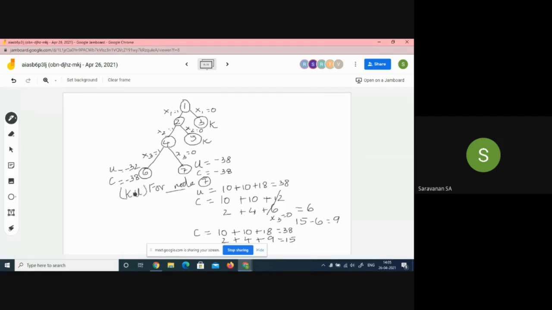We are killing this node. Why? Because we cannot increase this weight, because we have included the first item, second item, third item. While you are including more items into this, the weight will be higher than this. So we are killing this node here. So I can generate only the 7th node.